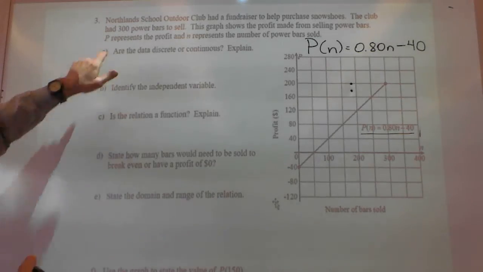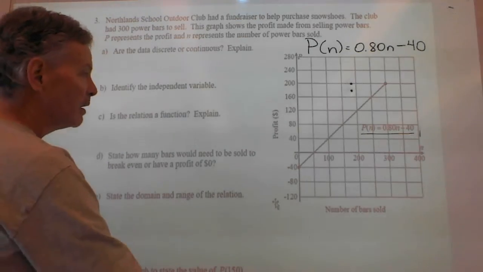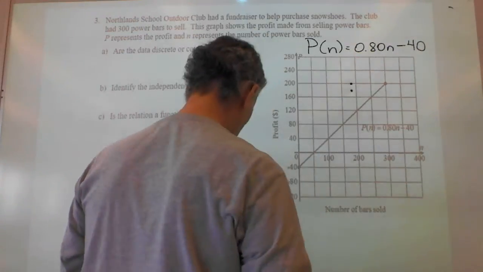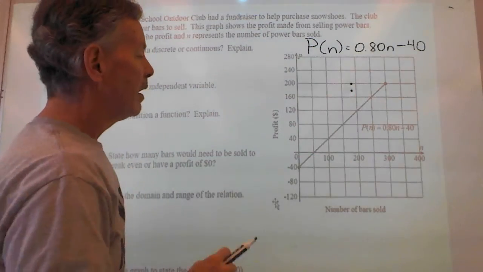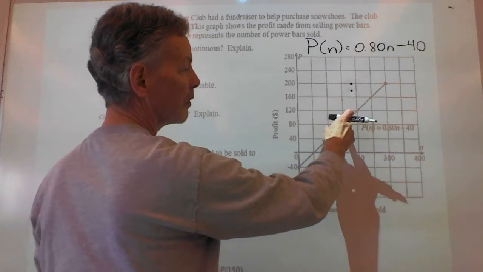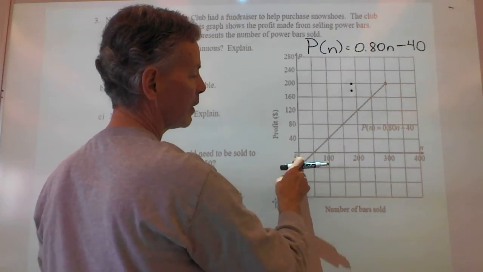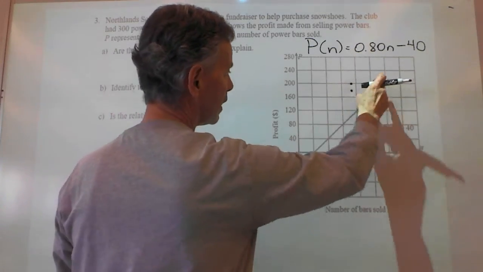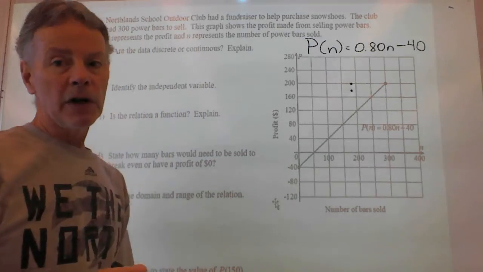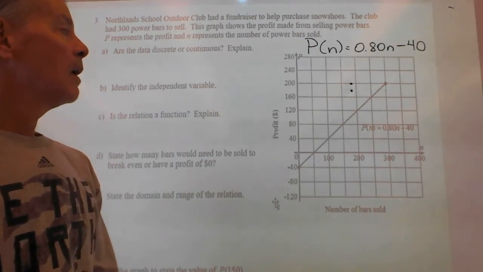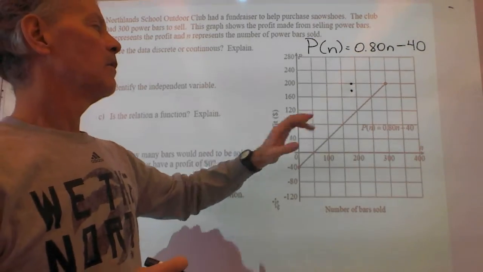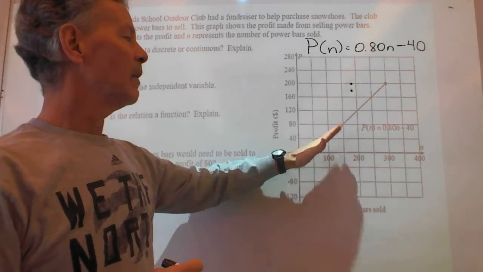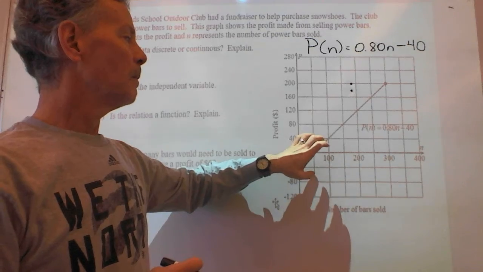So, are the data discrete or continuous? Explain. Well, that's fairly easy because you have a line to look at. And this line tells you, remember what I said in the last one. If you have a solid line, you have a continuous relation.